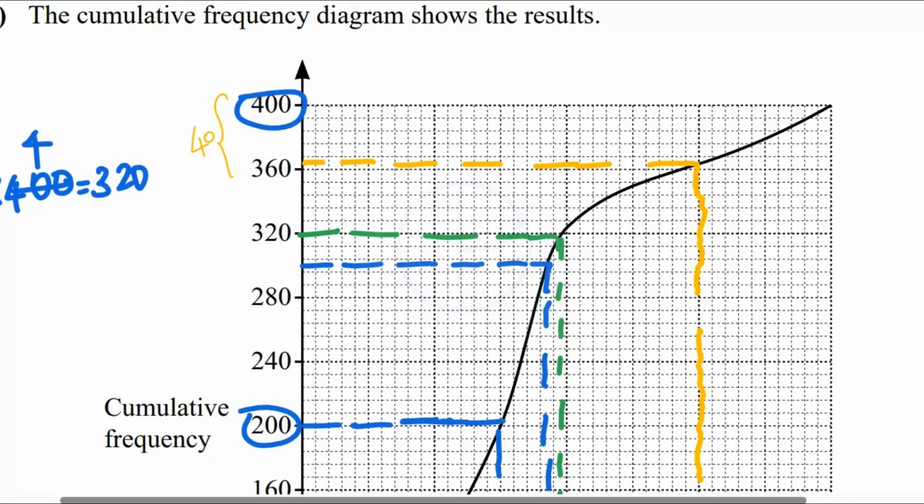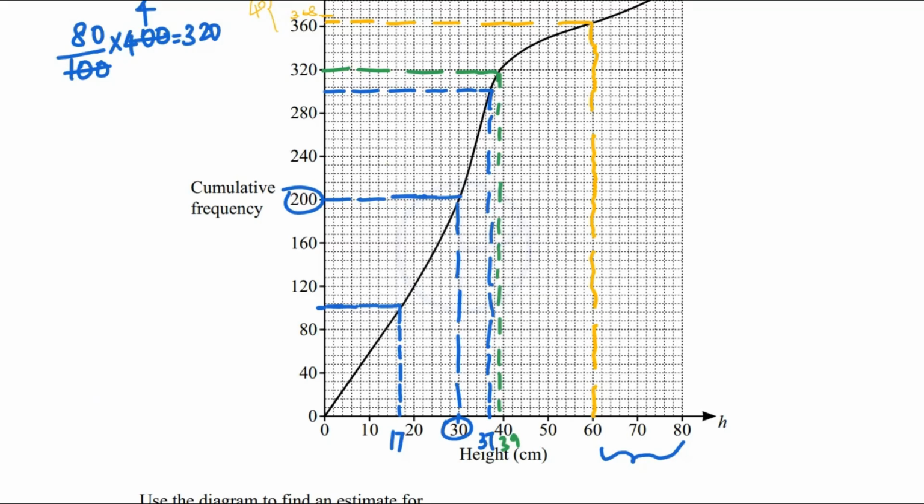So each small line will represent 40 divided by 5, which is 8. So this will be 368. So it comes in the middle. So let's say 364 corresponds to 80.